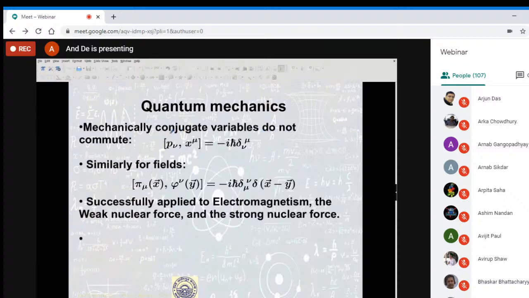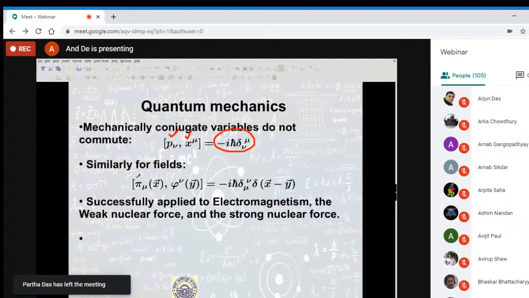That means if you have a system, say a particle, and you have its canonical momentum, and its configuration variable, which is usually the position, and you take the commutator of these two quantities, p times x minus x times p, if they behaved like ordinary functions, p times x minus x times p would give you 0. But in quantum mechanics, the commutator is slightly non-trivial. It depends on this constant h bar, Planck's reduced constant. For field theories, it is the same idea.